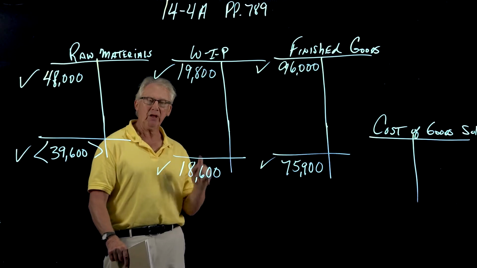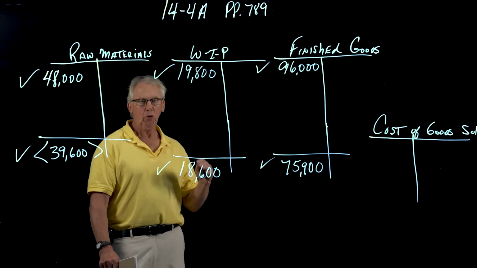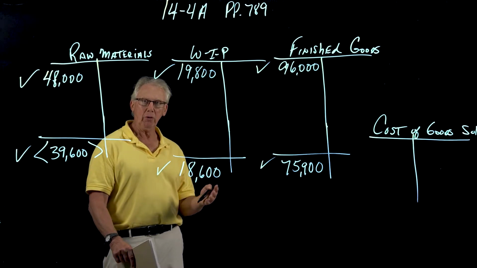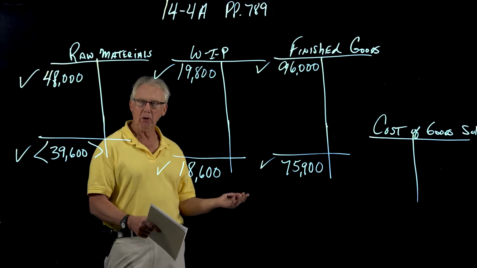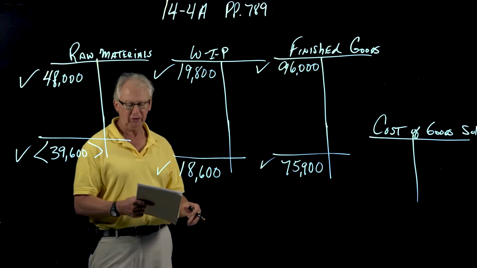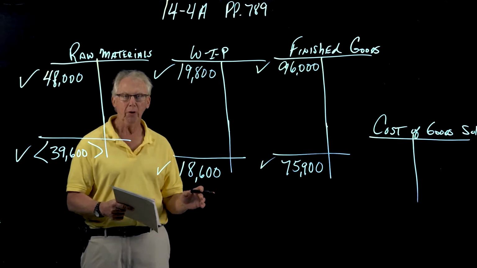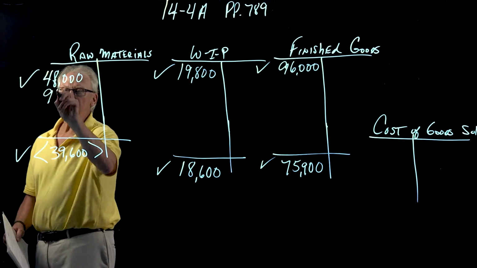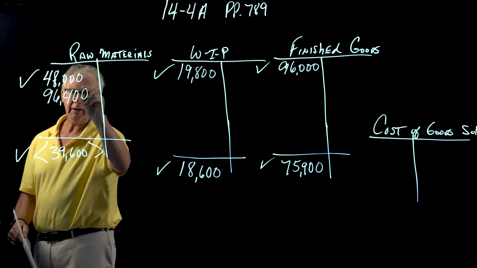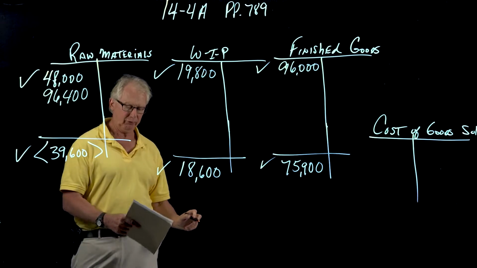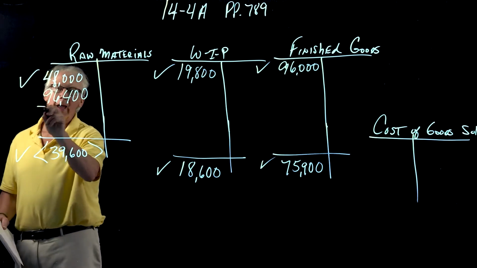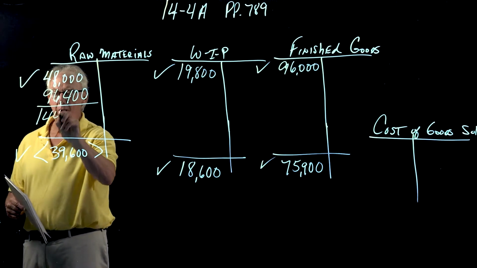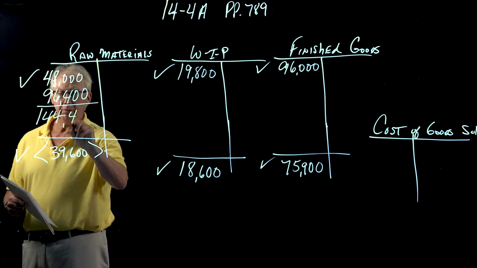Now, the first thing you got to do is determine the raw materials used on the job. So what I do is right away I look for raw material purchases, and I see that there's $96,400 of raw material purchases. So I put that in on the debit side for raw materials, and I add those two numbers together, and I come up with $144,400.